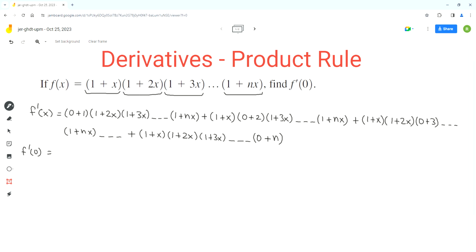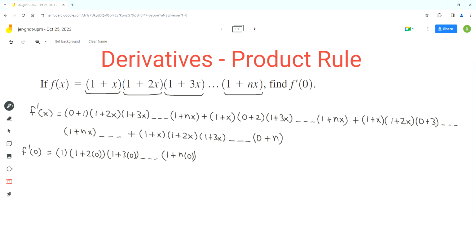In the first part, 0 plus 1 is just 1. So it's just 1 times (1 plus 2 times 0) and then (1 plus 3 times 0), and this pattern will continue all the way to the nth binomial, so n times 0.